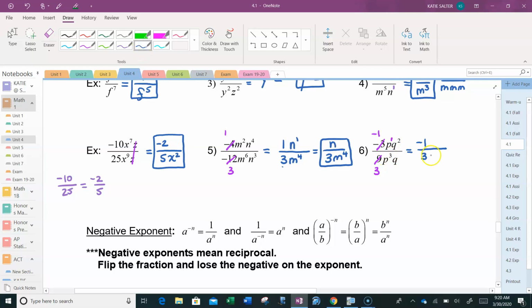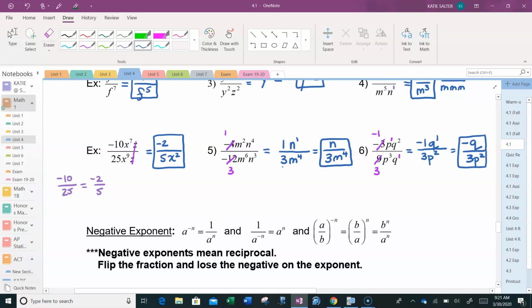So that gives us p squared, and that p squared would go in the denominator. And then right here, there's a 1 on this q. So 2 take away 1 is 1. And that q to the first would go in the numerator. And again, if you want to write that a little bit cleaner, you could say that's negative q all over 3p squared.